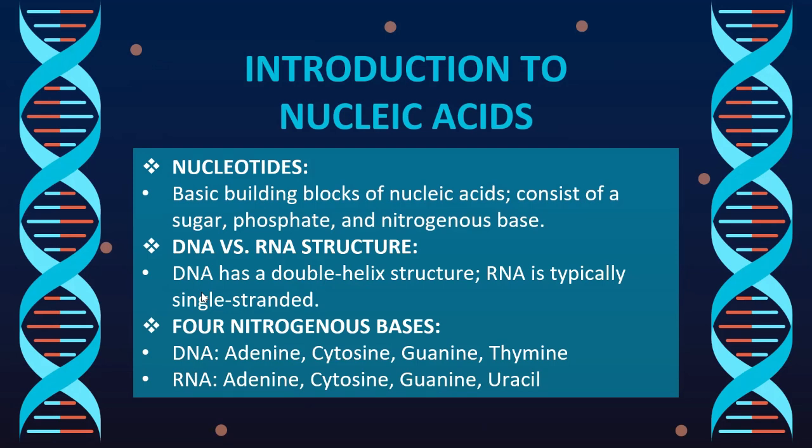We have four nitrogenous bases for both. For DNA, these are adenine, cytosine, guanine, and thymine. RNA is almost the same, except that the thymine in DNA is replaced by uracil.